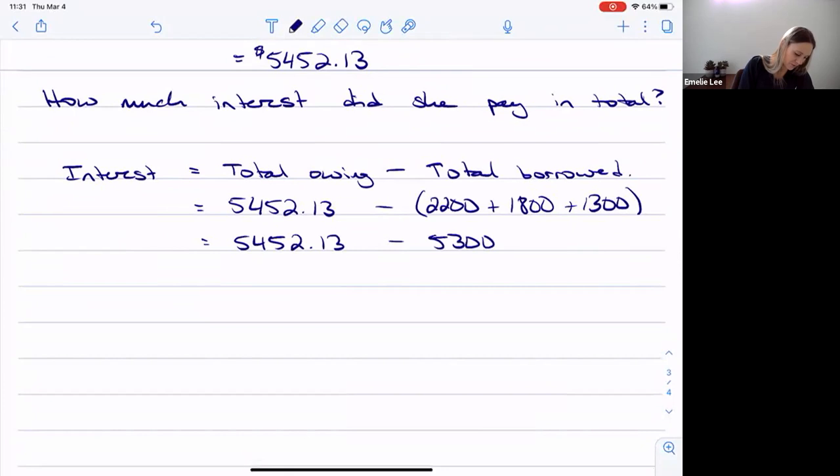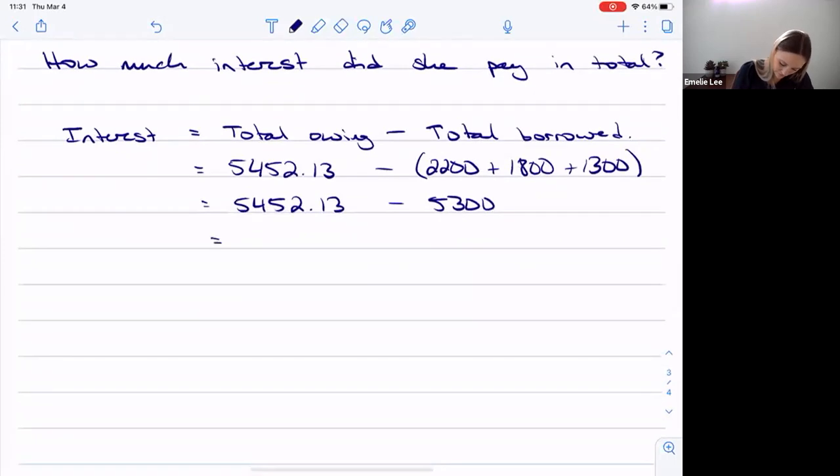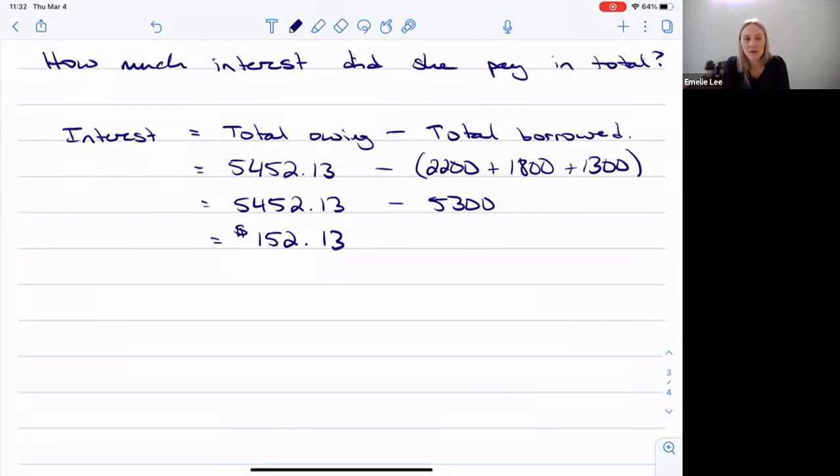So 5,452.13 minus 5,300. She paid $152.13 in interest. Right. So you can always arrive back at the amount of interest.